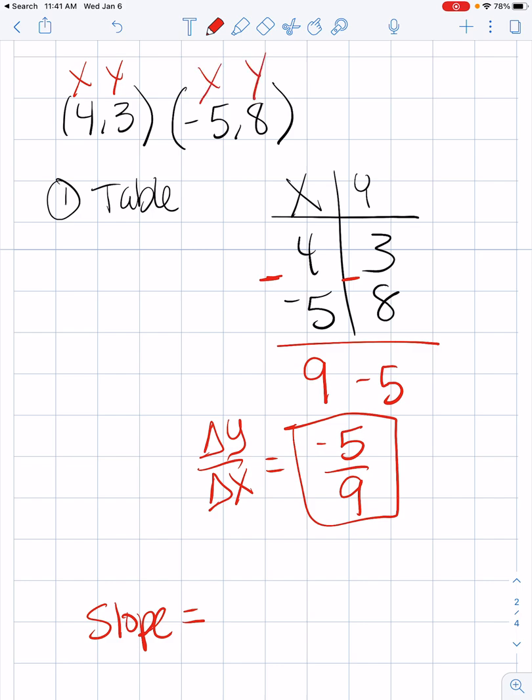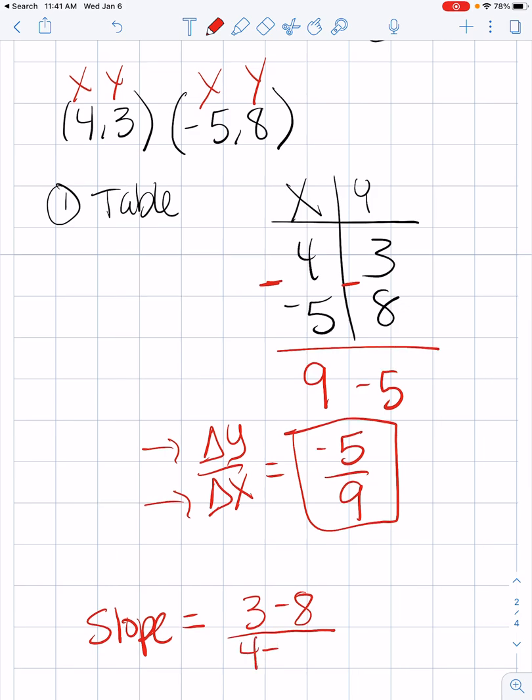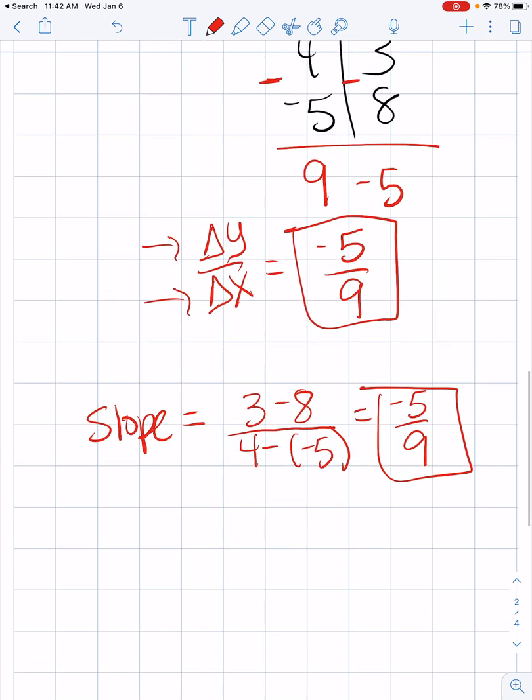The top number of slope is the change in y, so you take your 2 numbers and subtract them. Our 2 y's are 3 and 8, so we would do 3 minus 8, and then 4 minus -5, and that gives us -5 over 9. So you end up with the same answer. It's just that your video is going to show you a little bit differently.